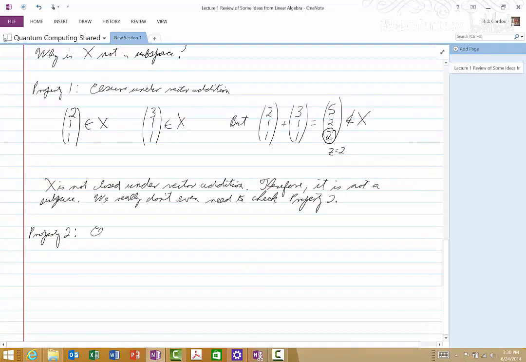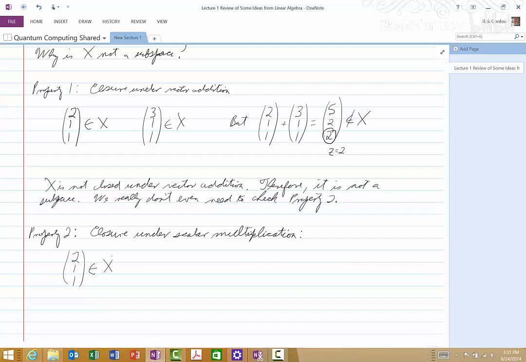Closure under scalar multiplication. Okay, so I will again start off by picking a vector, and I might as well just keep with the one we've been talking about. (2, 1, 1) is a vector in X, and let's just say maybe 3 is a scalar.